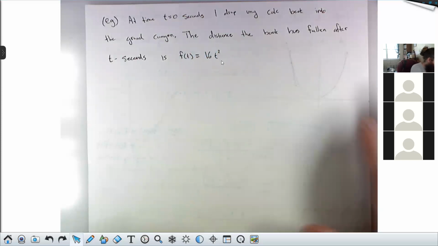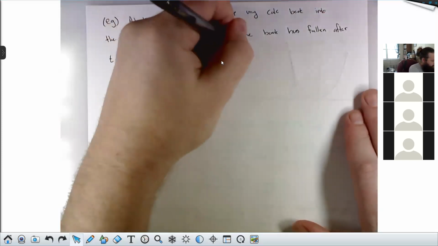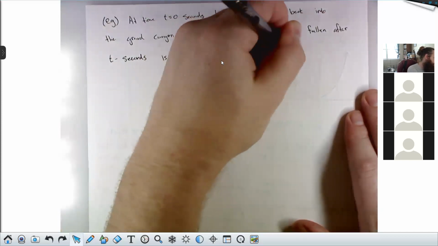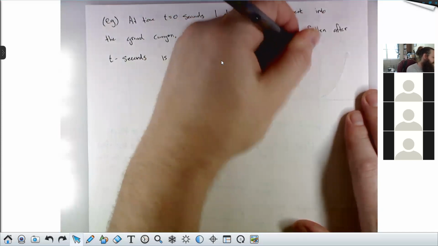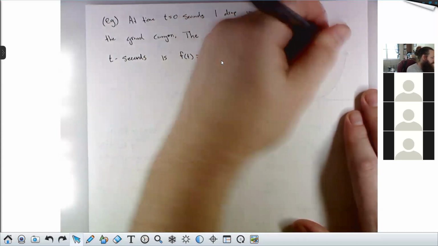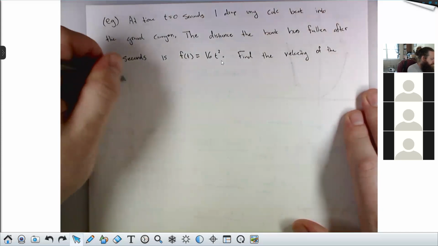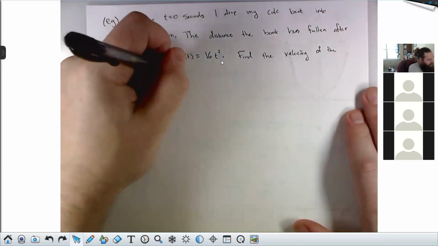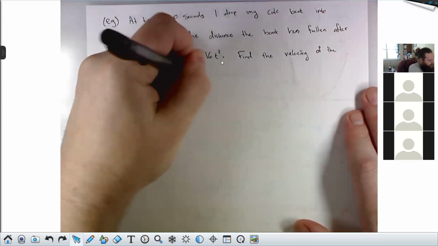I want to find the velocity of the book at t equals, say, 2 seconds.